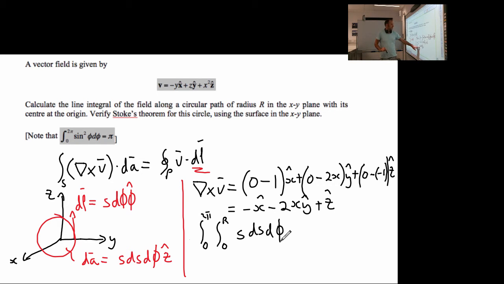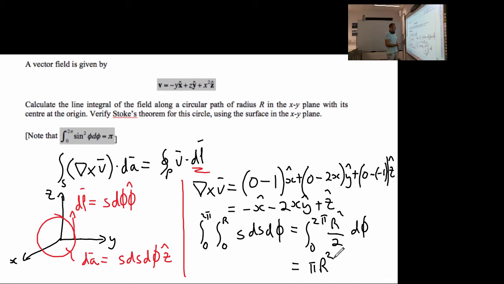The integral with respect to s is going to give us s squared over 2. So we will have our integral between 0 and 2 pi of r squared all over 2 d phi, and what we get here is pi r squared. Okay, so that's the first side done.